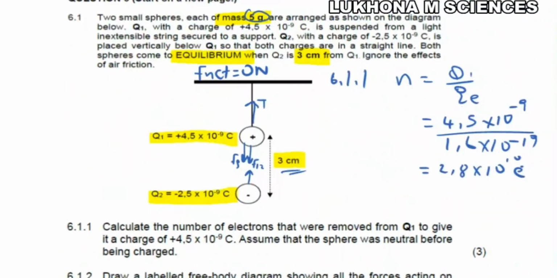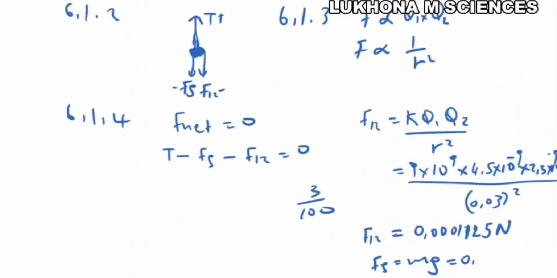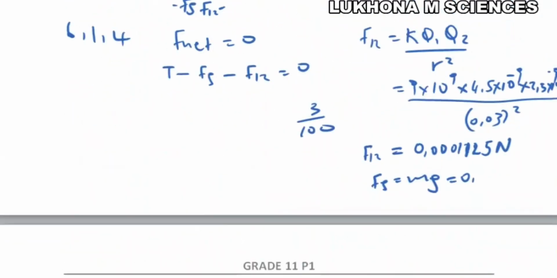So let's change the mass to kilograms. The mass is 5 grams. We divide by 1000. It is 0.005 times 9.8. Then let's use the calculator. 0.049.